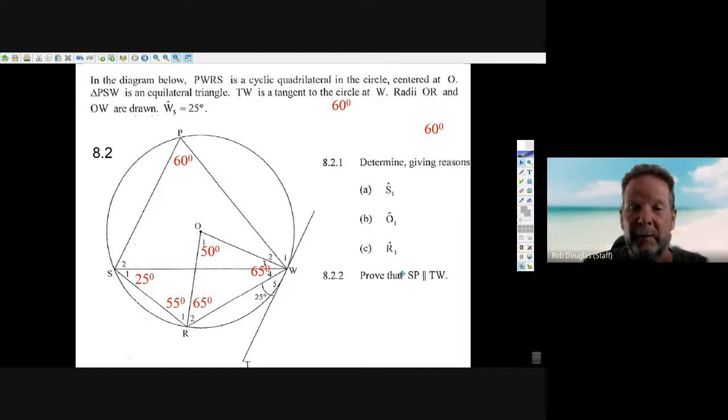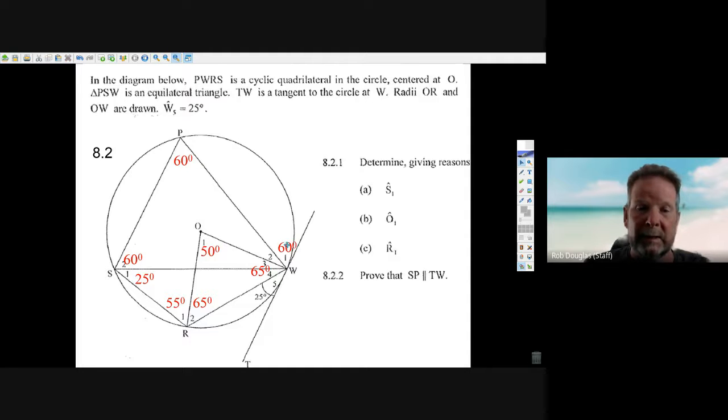Now we've got to prove that SP is parallel to TW. Well, hey, we knew that this was 60 degrees too, because S2 and P and this other angle down here are 60 degrees. But hey, look at this. This angle in here, W1, must equal this angle. S2 must equal 60 degrees because it's an equilateral triangle.